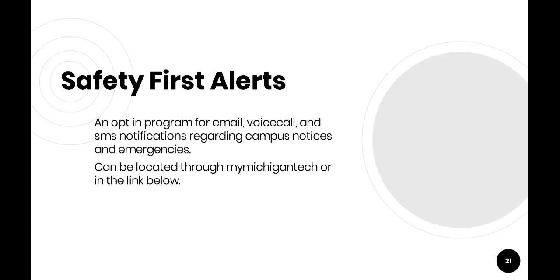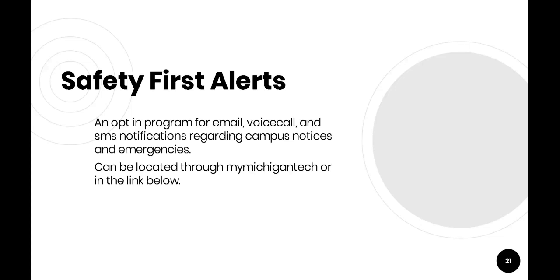And kind of starting to wrap up here, safety first alerts. Anything that goes on campus we're required to notify people about. So if that's a snow day like we had last year, or a building closure or a weather emergency, those will go out through safety first alerts, and you can opt into phone calls, voice calls, emails, and SMS text messages.